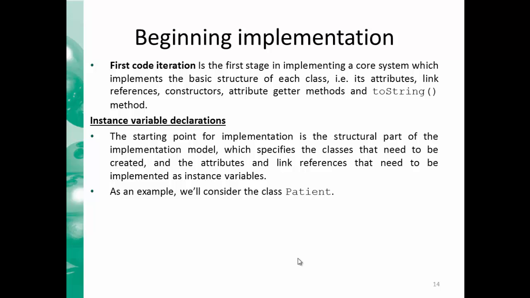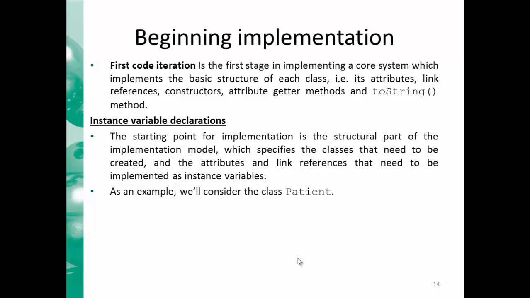We start with the attributes, and we know that the attributes basically can be implemented by using instance variables. So we declare instance variables that we designed in the previous phases to represent the attributes of a class.